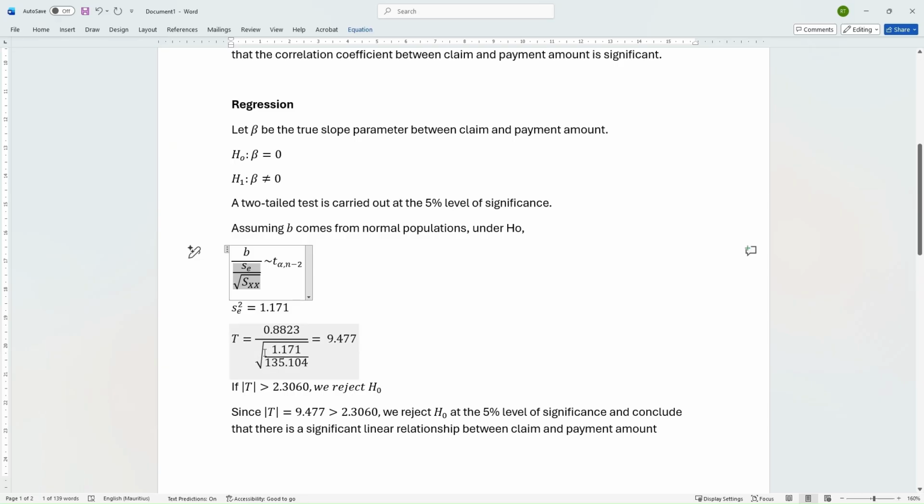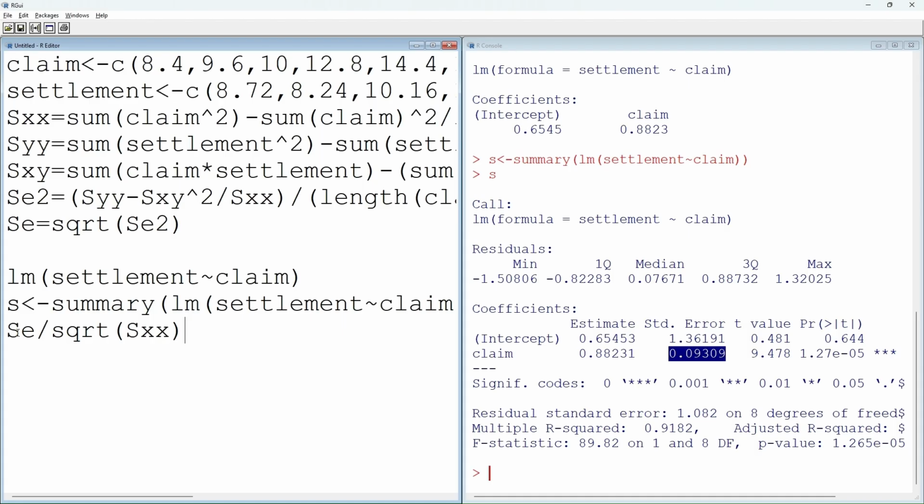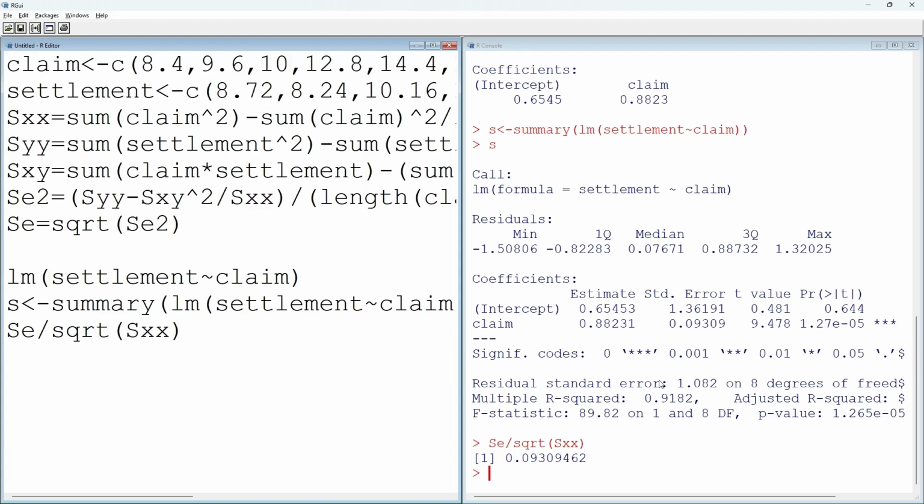Or you can take the root of s squared e divided by the sum of squares of x, the same thing. That's what I'm doing. We have our se computed and the square root of the sum of squares of x. We compute that, and we are expected to obtain 0.09309. We execute that and you see 0.09309.